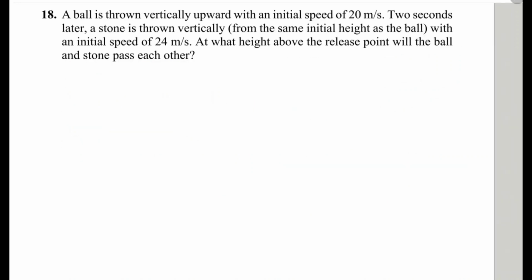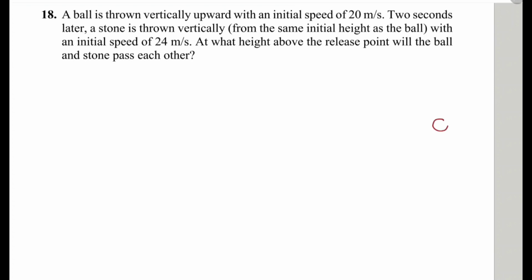A ball is thrown vertically upward with an initial speed of 20 meters per second. 2 seconds later, a stone is thrown vertically from the same initial height as the ball with an initial speed of 24 meters per second. At what height above the release point will the ball and the stone pass each other? So the situation is as this.